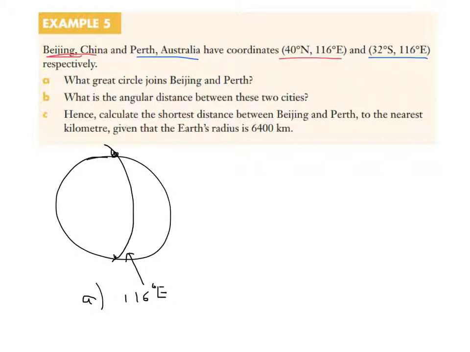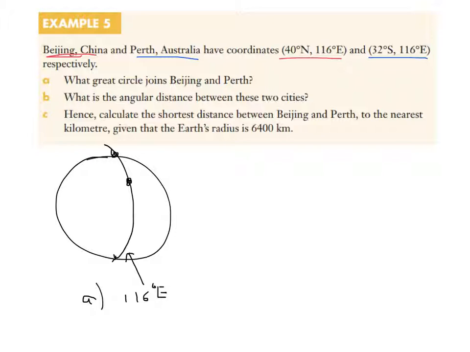Okay, so question B. What is the angular distance between these two cities? Okay, so the angular distance between these two cities, because Beijing, we'll just start with Beijing, is north of the equator.